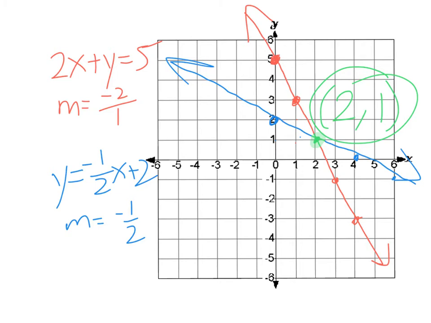So to find a solution or to find the answer to a system, we're looking for the point that they have in common, or the ordered pair they have in common. And in this case, it's the point where the two lines intersect.